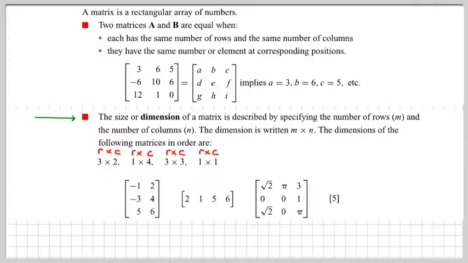That next one's 1 row, 4 columns. Then 3 by 3, a square one, called square when the number of rows equals the number of columns, and that last one is a 1 by 1. Doesn't even look like a matrix, but it is by definition a matrix with 1 row and 1 column. It makes sense, doesn't it?